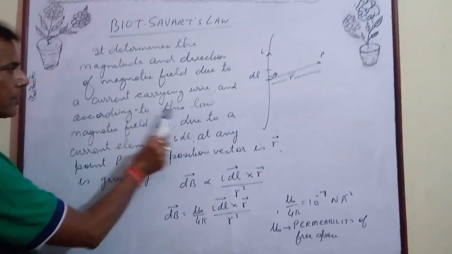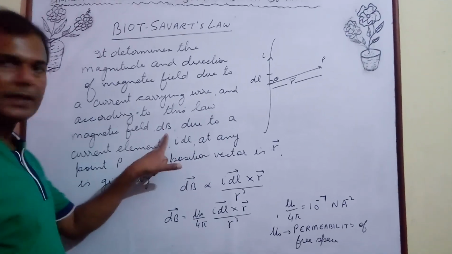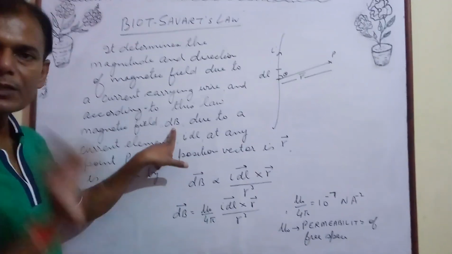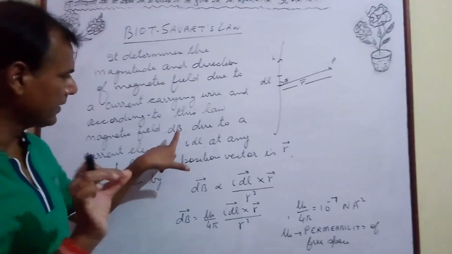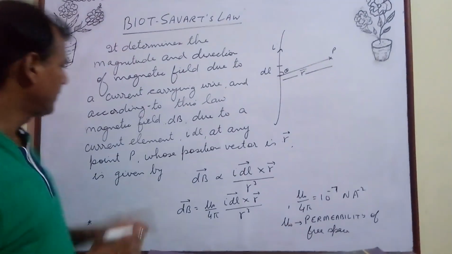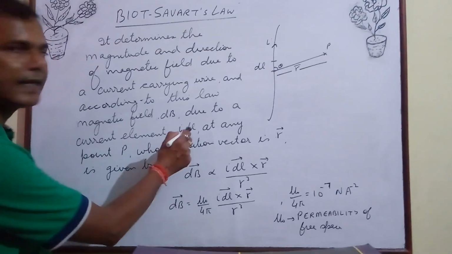According to this law, B stands for magnetic field, and dB means a very small magnetic field, due to a current element I dl.